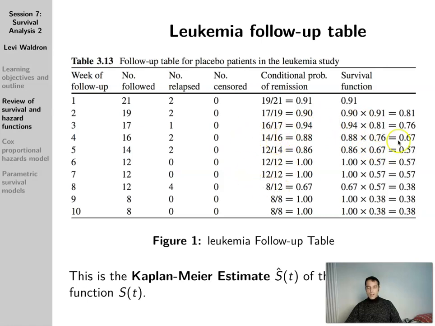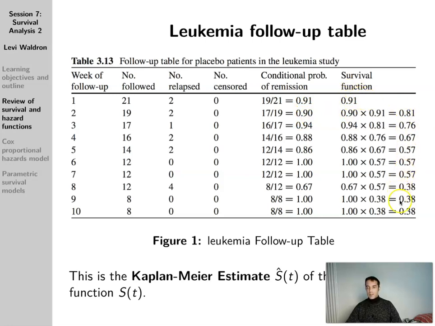We went through a calculation of the survival function. This is a survival table here, just for the placebo patients, showing the start of the 21 patients, and then at each time period where there was either a relapse or a censoring event, we calculated this survival function and showed how the survival probability is just a product of the probability of surviving up until the previous time times the conditional probability of surviving at the next time, conditional on having survived to the previous time.